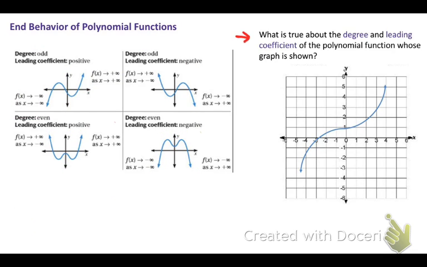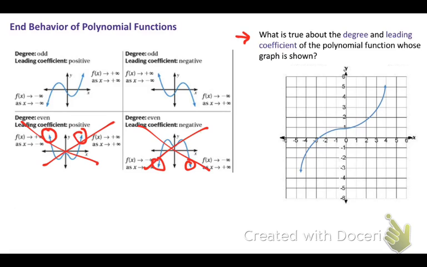So the example: what is true about the degree and leading coefficient of the polynomial function whose graph is shown? We'll look at our table on the left and determine which graph is most similar to the one we are given. Both of these end behaviors open up or open down, so we know that it's not that.